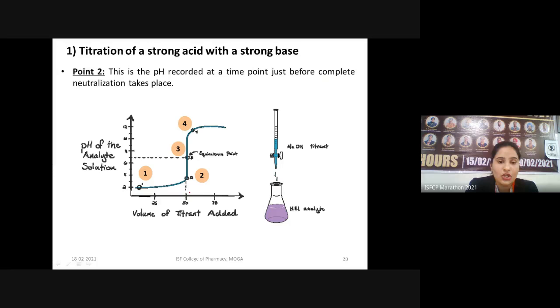So this second point is a point just before the complete neutralization has taken place.